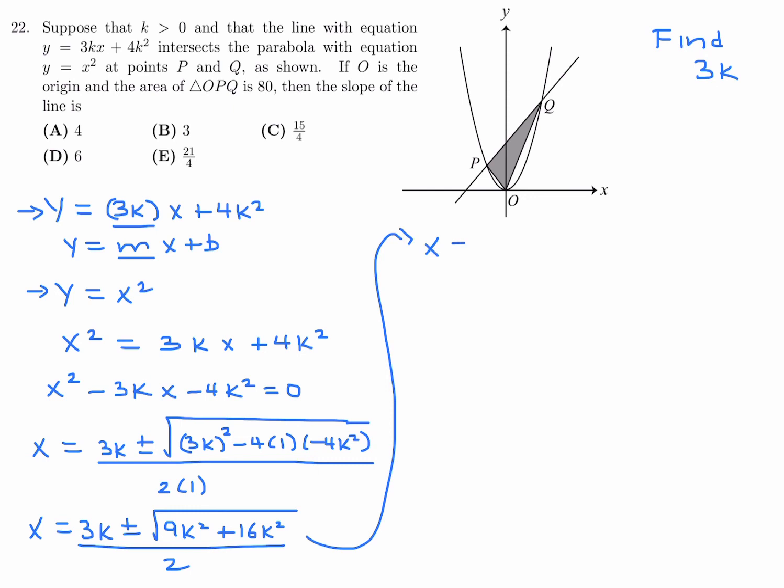And therefore x looks like 3k plus or minus the root of 25k squared, which is 5k, all over 2. And when you do this math, it looks like 4k or minus k. So I'm assuming that this guy here is 4k and this is minus k.